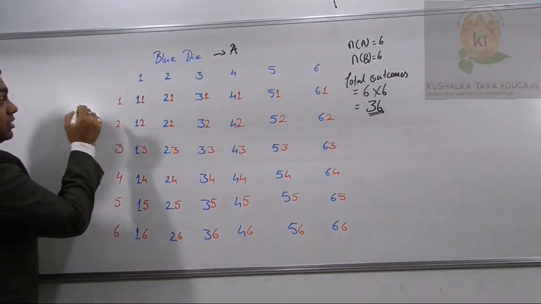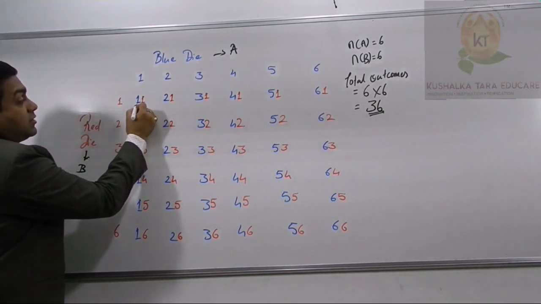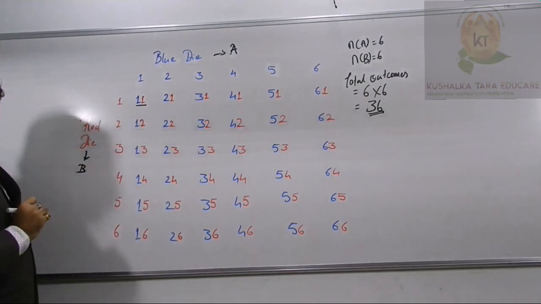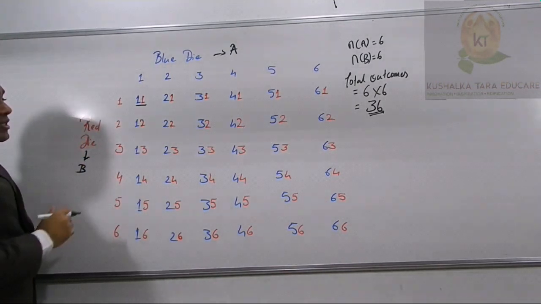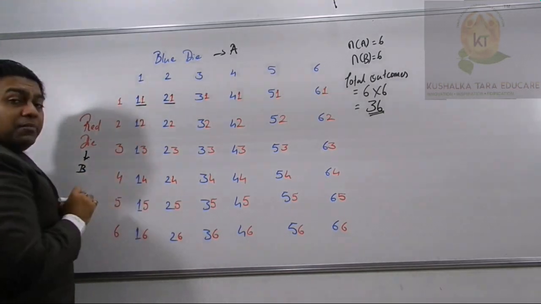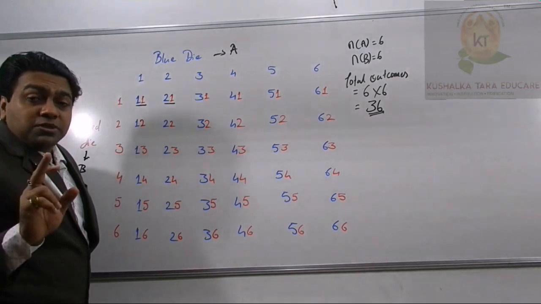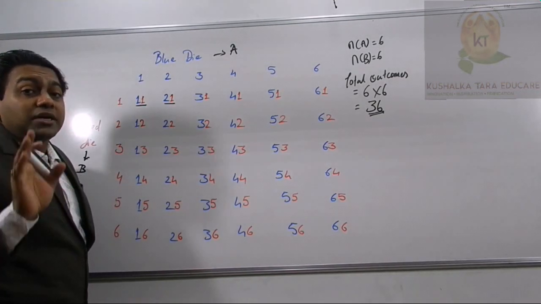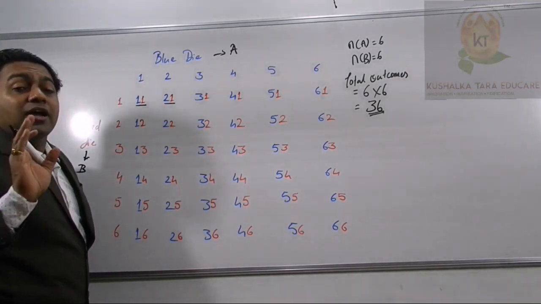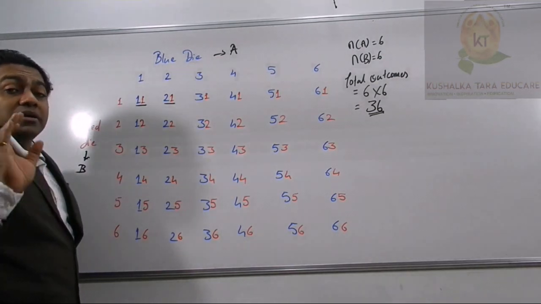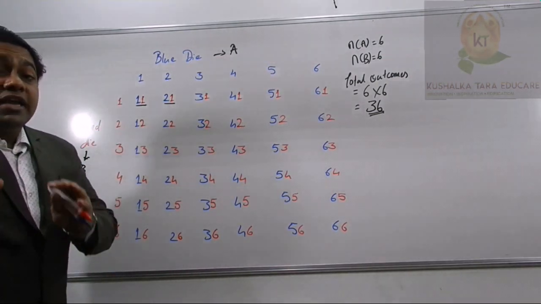Okay, let me underline it. So I can see in this combination I can get an odd number 1 and 1. So on both the dice, 1 and 1, I get an odd number over here as well, right? Understand, finding the probability of observing an odd number. They have not mentioned observing an odd number with a red die or a blue die. They have simply mentioned find the probability of observing an odd number.